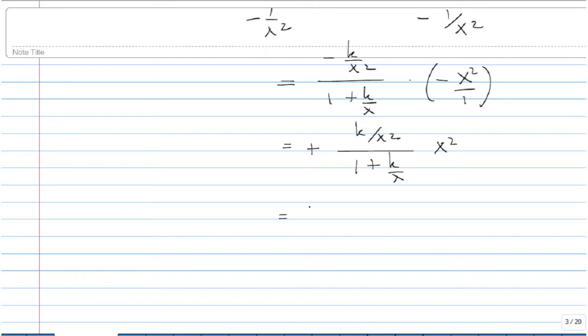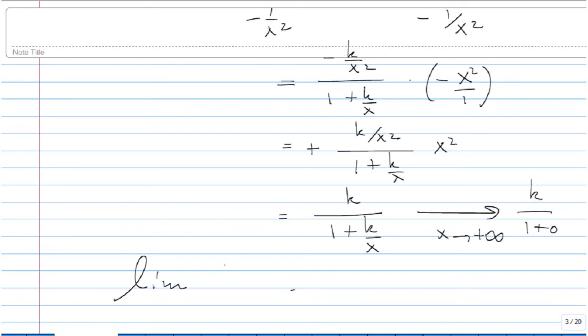The x squared cancels, so we get k on the top over 1 + k/x. Now we let x go to infinity, and we find k over 1 + 0, so the limit is k. So the limit of n ln(1 + k/n) is going to be k when n goes to infinity.